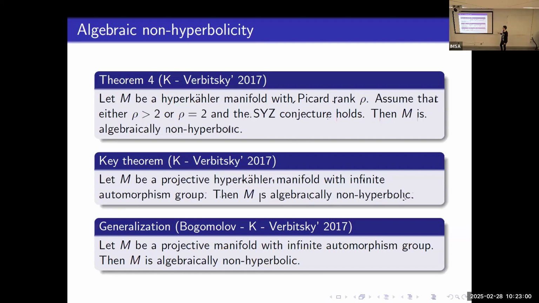So together with Bogomolov and Verbitsky, we proved that algebraically hyperbolic manifolds have finite automorphism groups, and therefore, if you have infinite automorphism group, then it's algebraically non-hyperbolic. And actually, a few years later, together with Ariane Picard, we generalized this to our new definition for projective schemes. But here we won't need it.